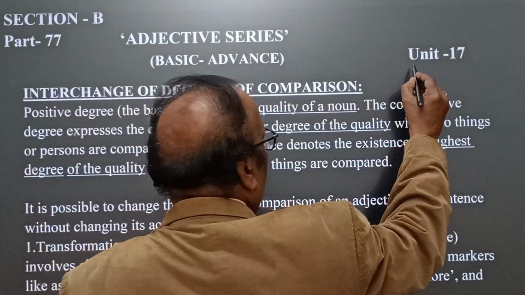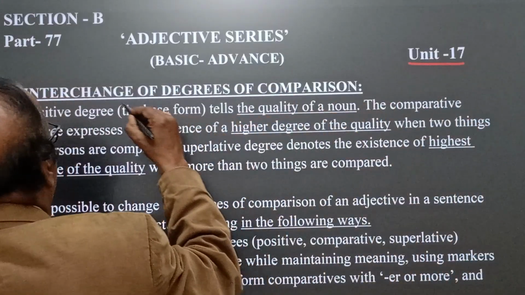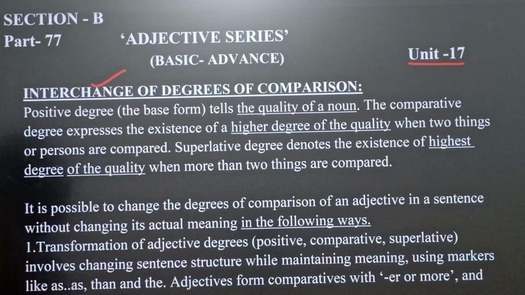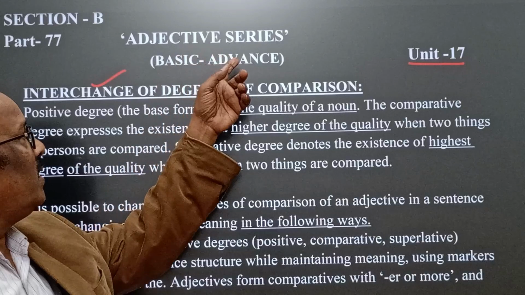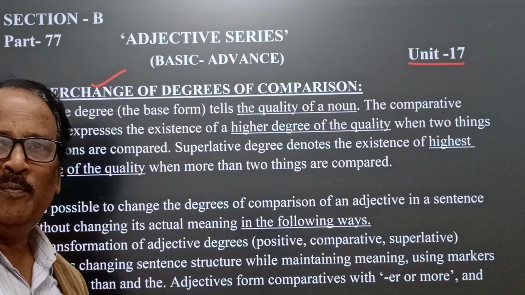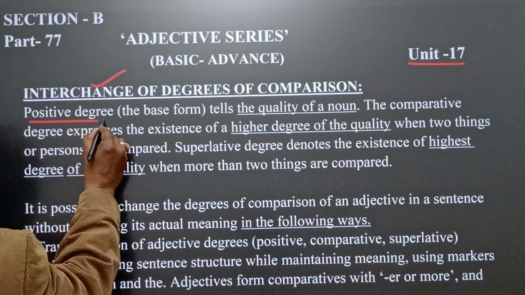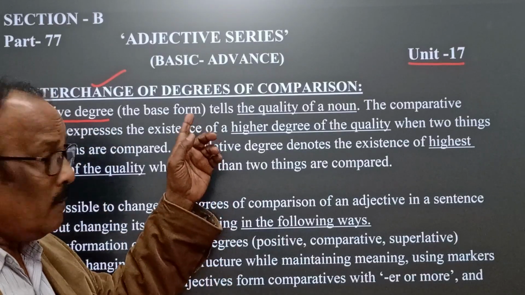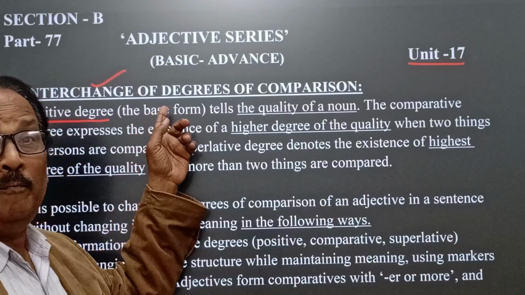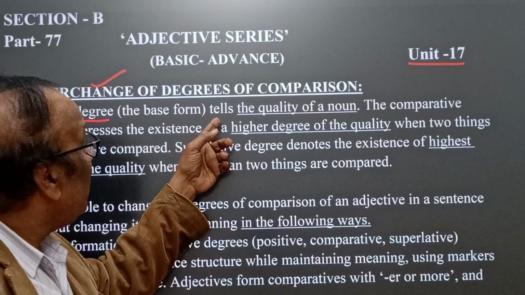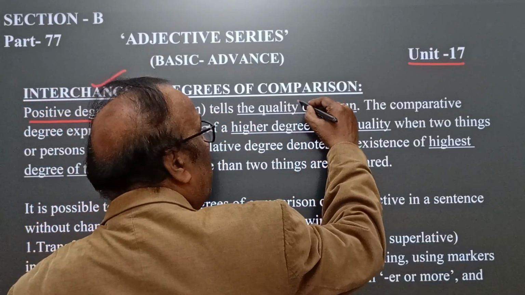This is unit 17, interchange of degrees of comparison in adjective series, which is meant for basic to advanced level of students. As we have already discussed, the positive degree, the base form of adjective, tells the quality of a noun.